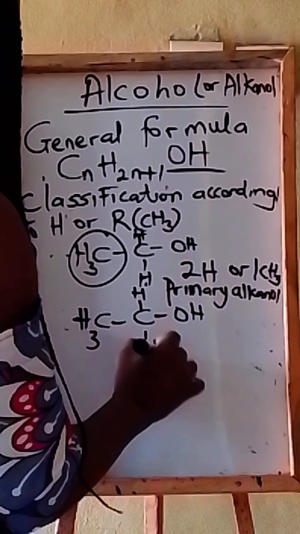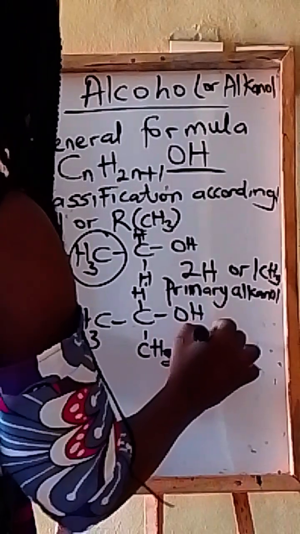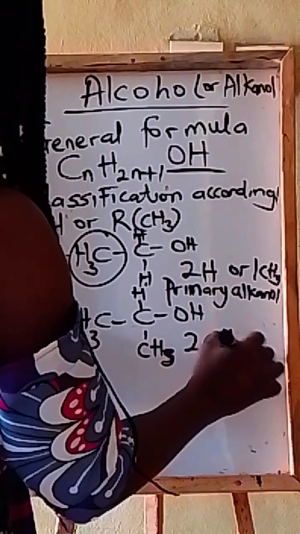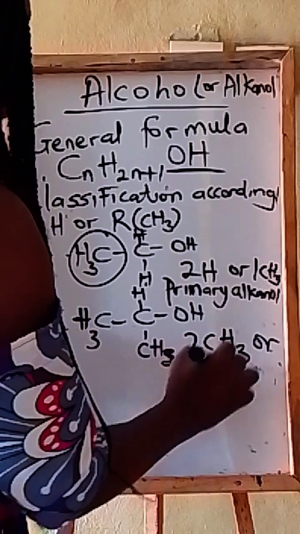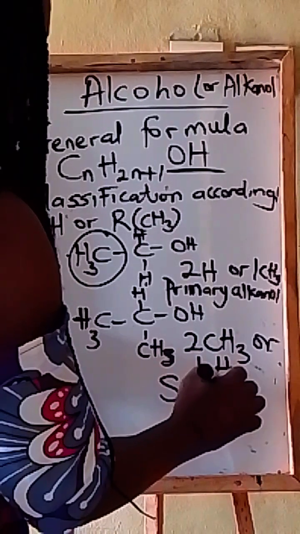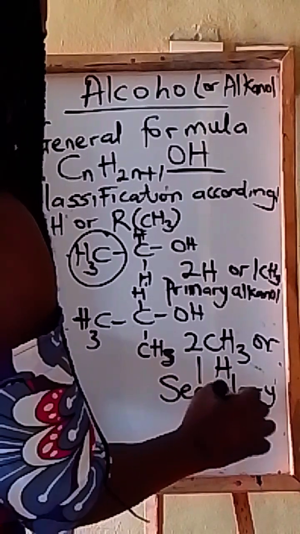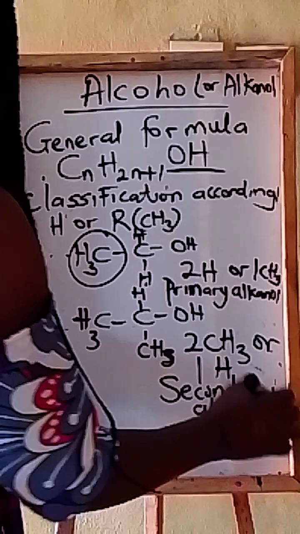When we have 2 CH3 or 1H, they call it secondary alkanol. We call it secondary alkanol.